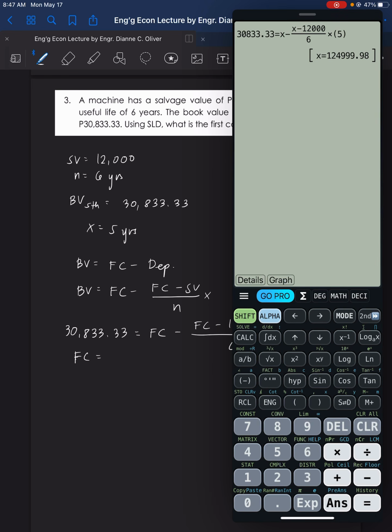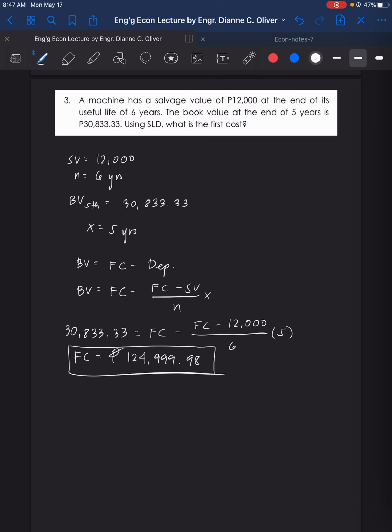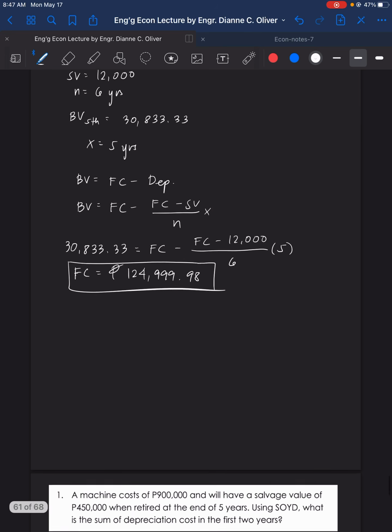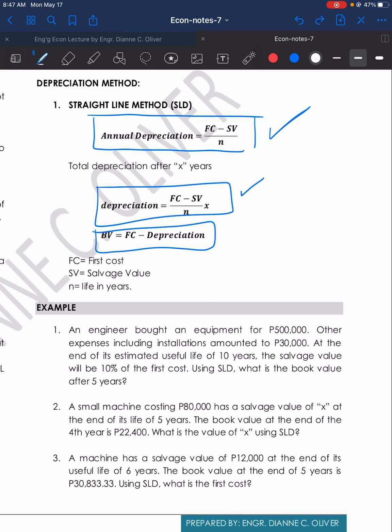First cost is now equal to 124,999.98 pesos. That's the first cost. Okay, so that's for the straight line depreciation method.